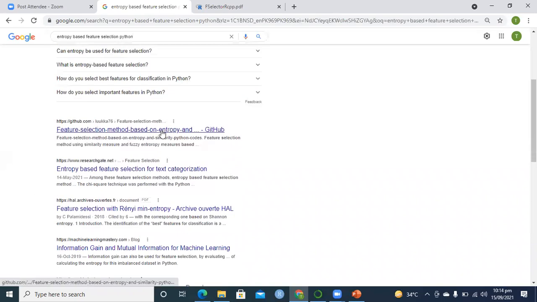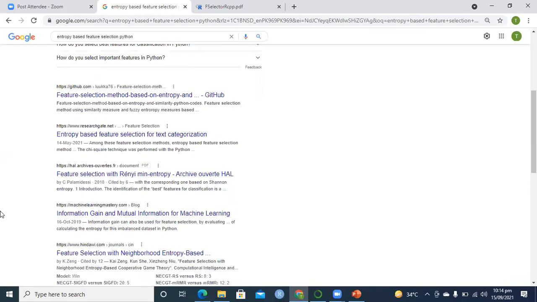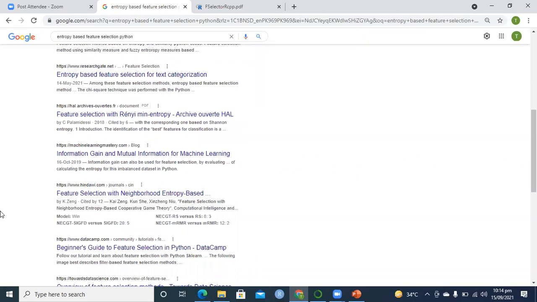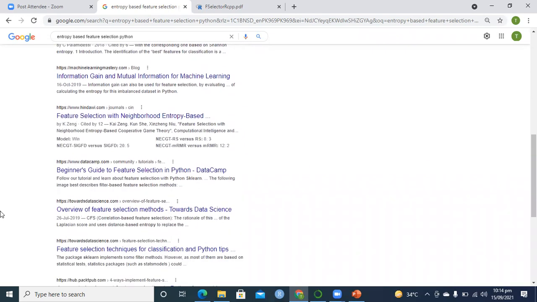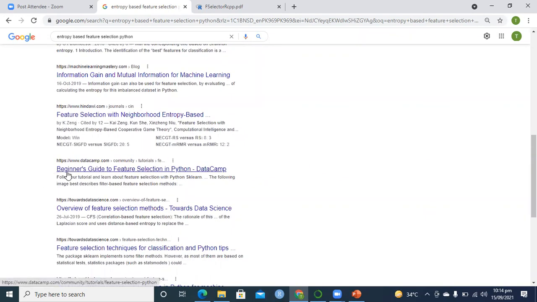You can also find GitHub repositories for this purpose. Entropy based feature selection for text categorical data. You will see it's a very useful method where you can have many different algorithms to perform this code.